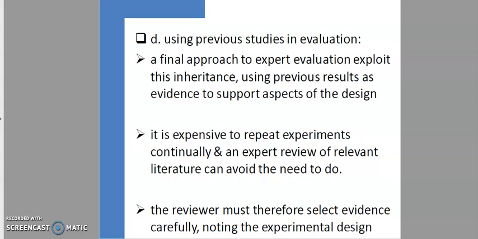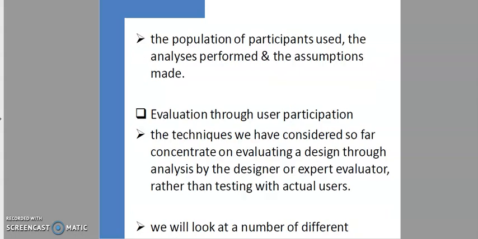It is expensive to repeat experiments continually, and expert review of relevant literature can avoid the need to do so. The reviewer must therefore select evidence carefully, noting the experimental design. So, these are the four approaches of evaluation.